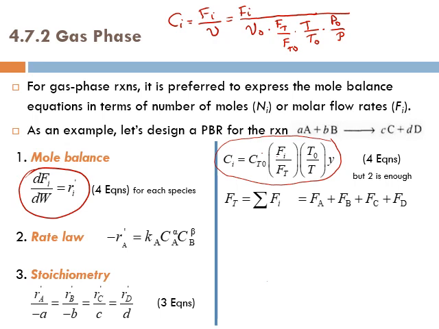Okay, what about y? Well, it's a packed bed reactor, so the pressure is dropping, right? The pressure is changing down the length of the reactor, so it is variable, so you need to provide an equation. And where is it coming from? Yep, it's coming from the Ergun equation. And as you can see, we chose the Ergun equation, which is written in terms of molar flow rate rather than in terms of conversion, because conversion is not my preferred variable.